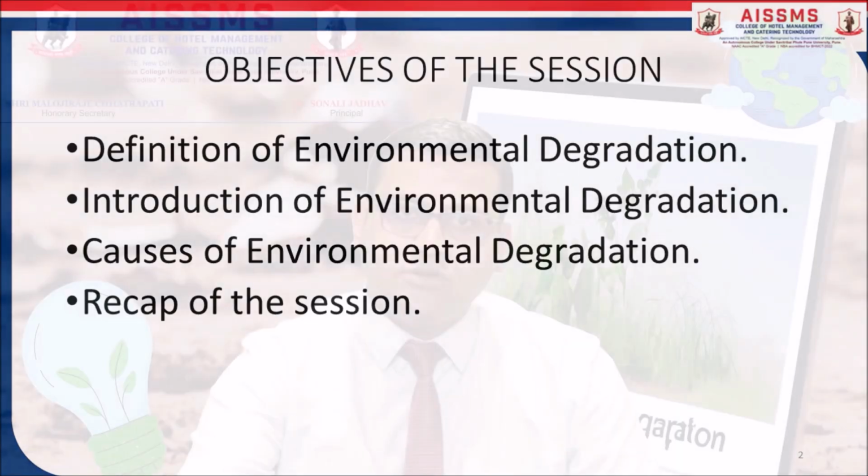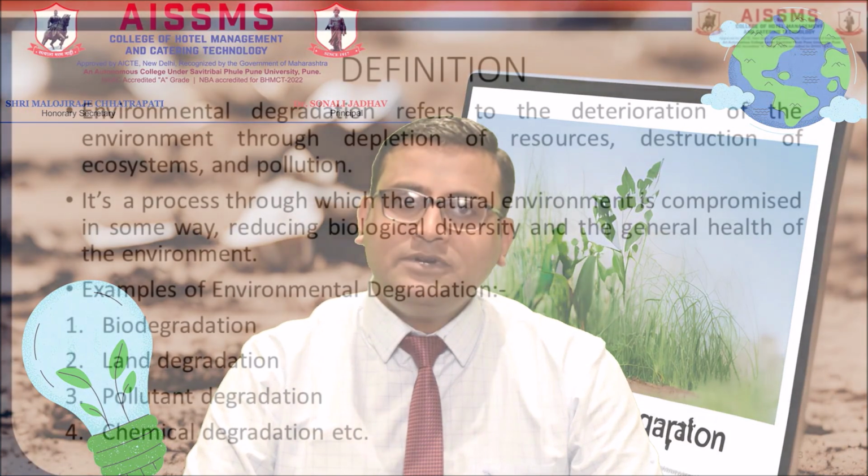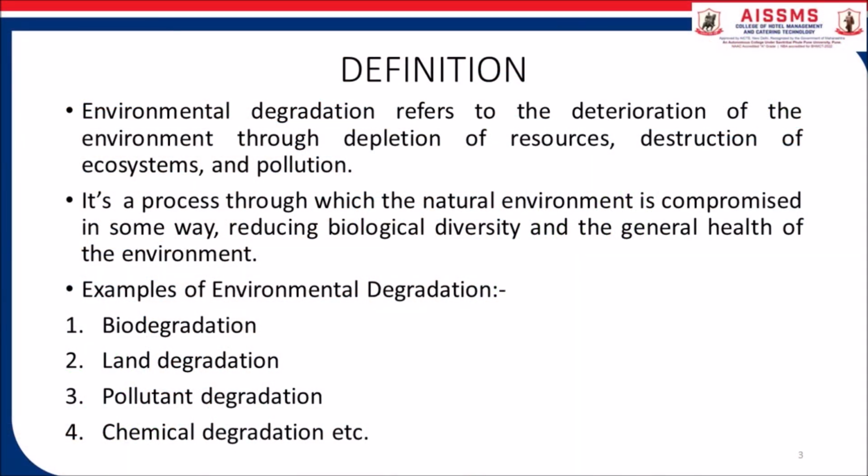Let us go through the various definitions which have been given by various authors of environmental degradation. Environmental degradation refers to the deterioration of the environment through depletion of various natural resources, destruction of ecosystems, and the various types of pollution.